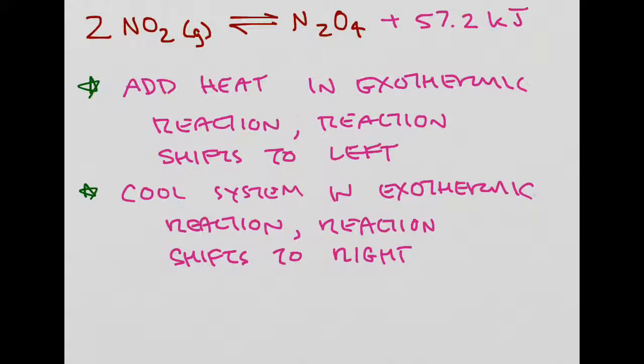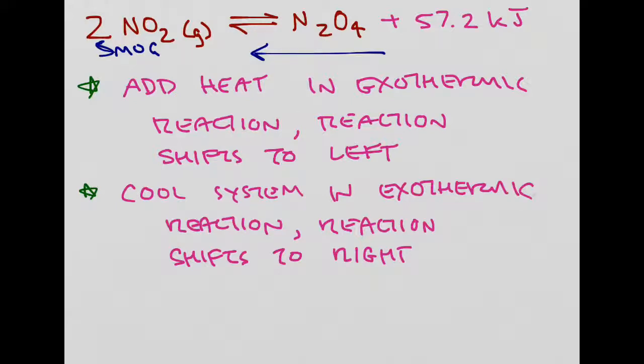And as a result of adding heat to this reaction, it has no choice but to move in this direction, back towards the smog, right? All right, so this is the smog. And that's one of the reasons why LA has much more of a smog issue than Boston does.